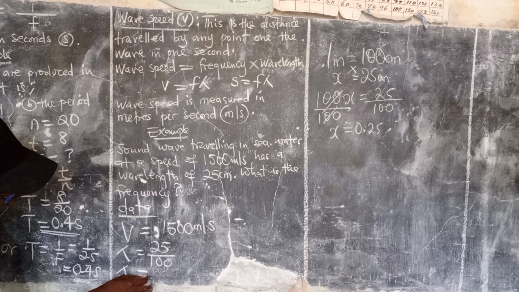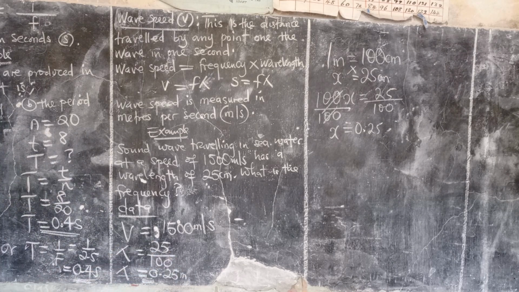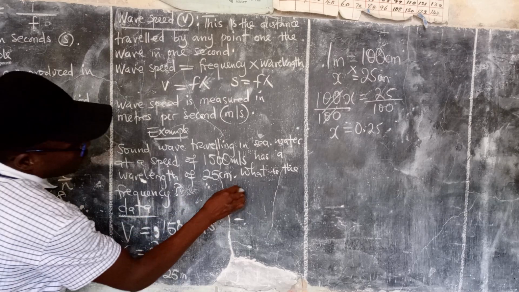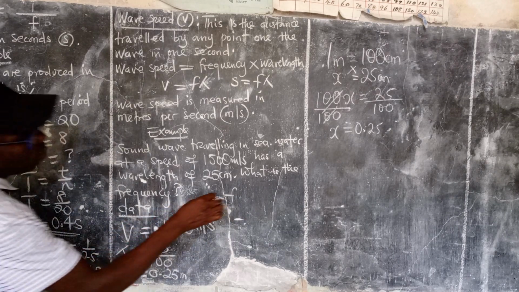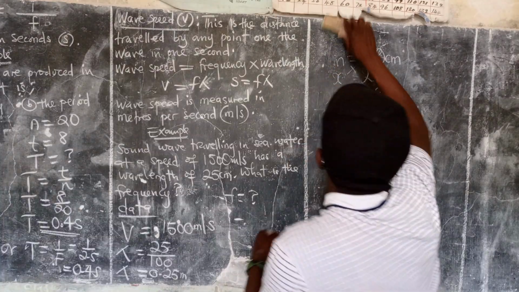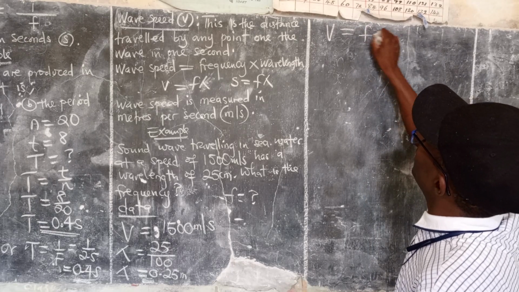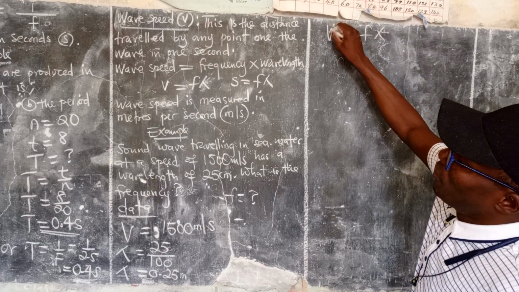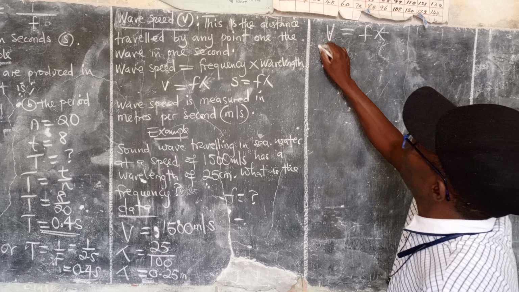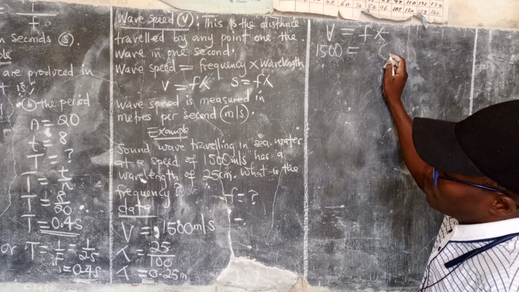So our wavelength now becomes 0.25 meters. Do you know the frequency? No. We have been told to find the frequency. Then we go to the formula. V is equal to F lambda. Do you know V? Yes. Our V is 1,500. Do you know frequency?